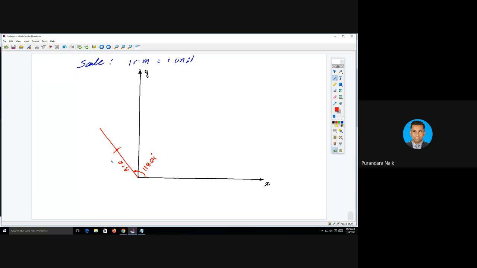Similarly, we have the second equation, x2 is equal to 5 sine omega t plus 57.296 angle. Take a 57.296 angle.